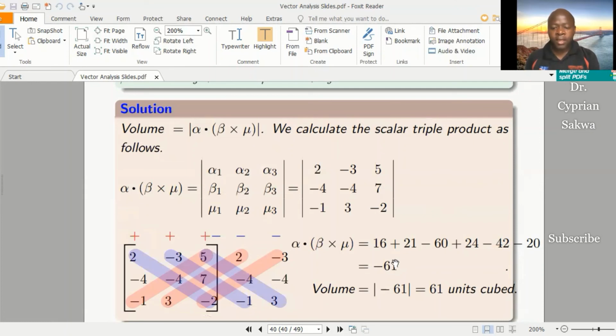That gives you -61. So the modulus of -61 is 61 units cubed. And that gives you the volume of the parallelepiped. And so that is how we use the triple products to find the volume of the parallelepiped.